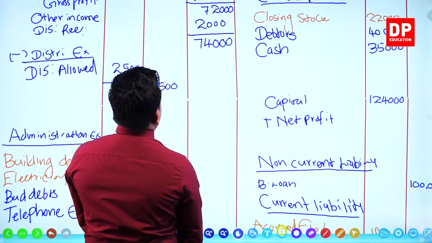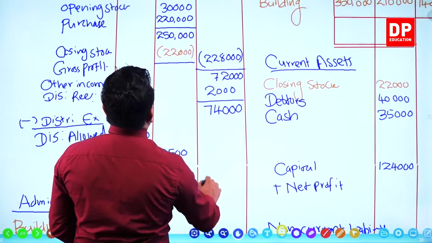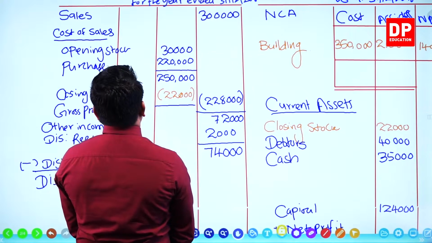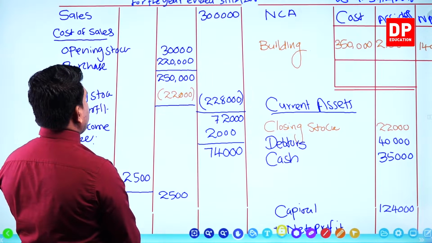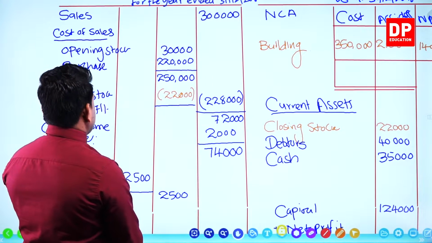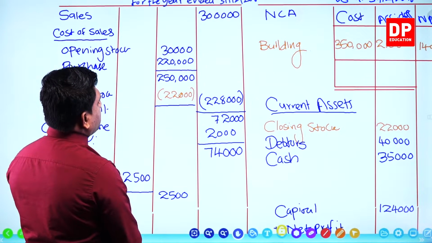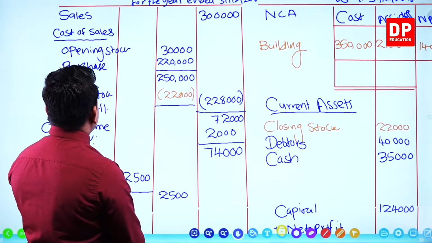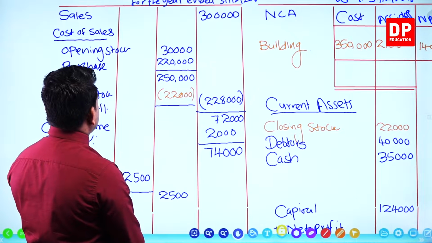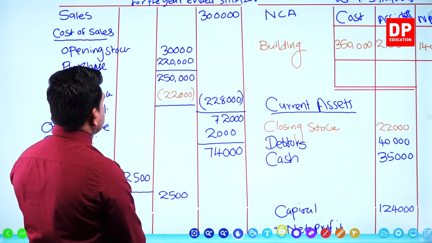Here 74,000. Check, is it correct or wrong? Opening stock 30,000 plus 20,000 is 50,000, plus 250,000, minus closing stock 22,000 gives 228,000, right? Yes. Correct.